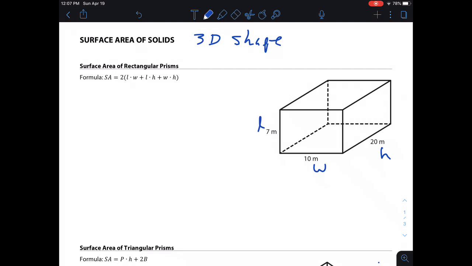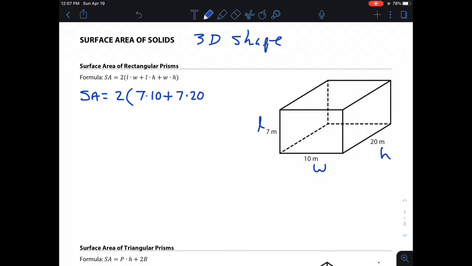All we have to do now is take these 3 measurements and plug them into our formula. So if we take the surface area, and we say 2 times, and then length times width, that's 7 times 10. And then length times height, that's 7 times 20.